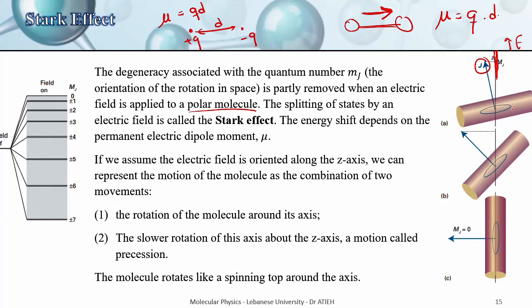The molecule rotates around its axis represented by J. You can see that all these molecules have the same J, but they have different orientations in space, and this orientation is represented by mj. You can see that mj is the projection of J along the z-axis. Meanwhile, the molecule is rotating around the z-axis with a motion called the precessional motion. So it's rotating like this. It's similar to a top.